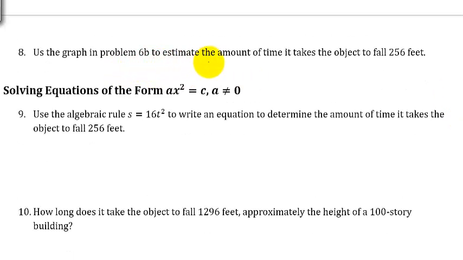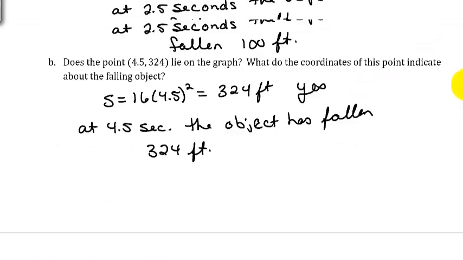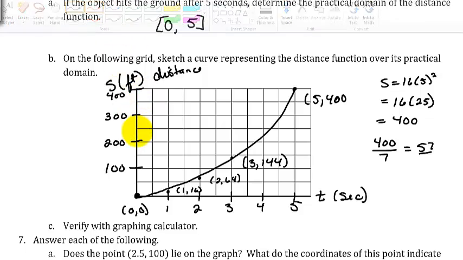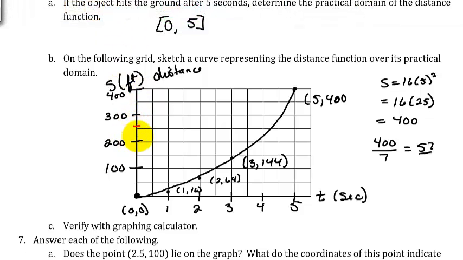Use the graph to estimate the amount of time it takes the object to fall 256 feet. So we would want to go to 256, which is on the y-axis. That's going to be right above 250 here. This is just going to be an estimate. It's not going to be exact.